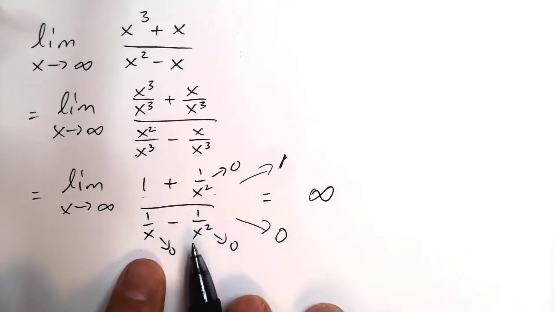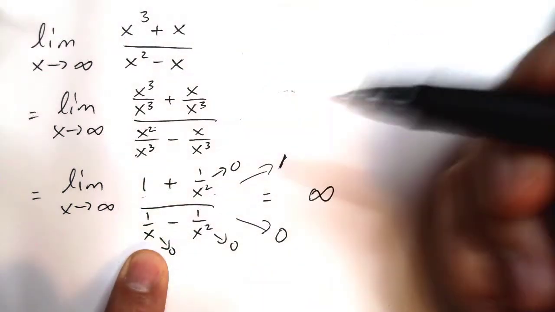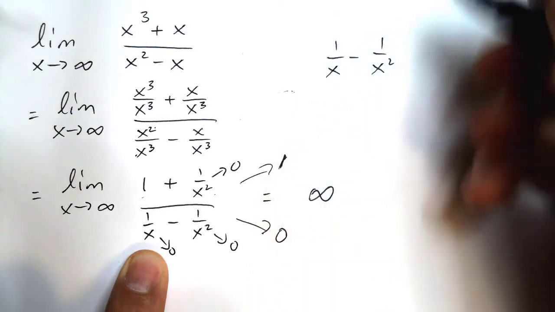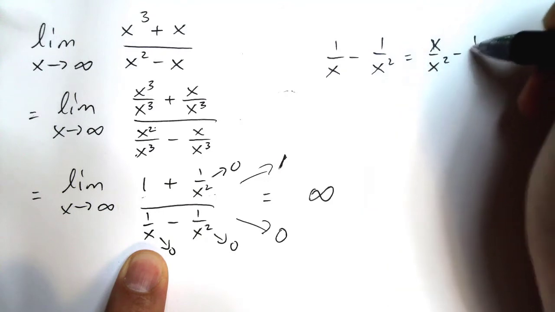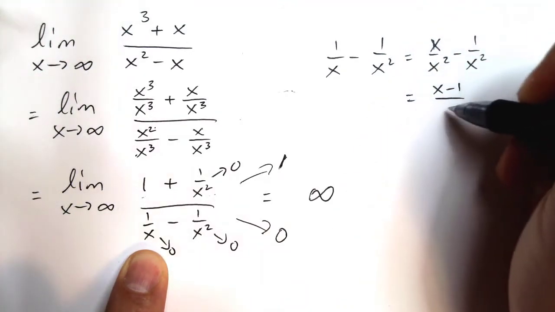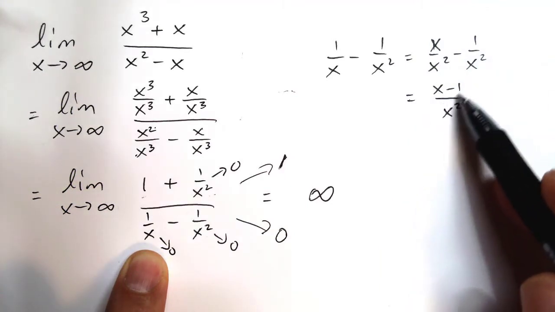And so it must be going to positive infinity. And by the way, if you didn't believe me about that, or if you didn't understand what I was saying about the denominator, you could just work it out. 1 over x minus 1 over x squared, get a common denominator here. Combine these. And then you see when x is large, okay, if x is less than 1, this can be negative.